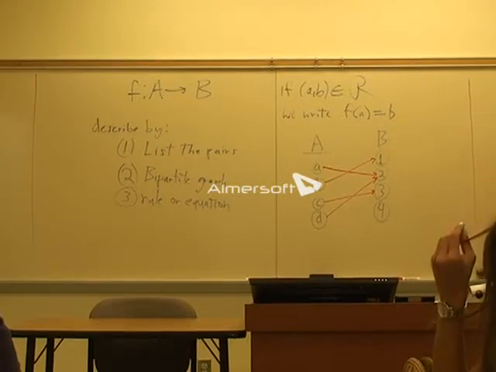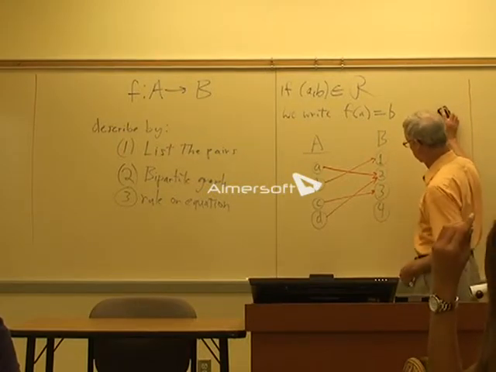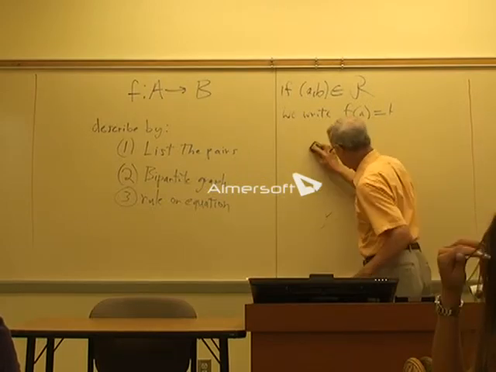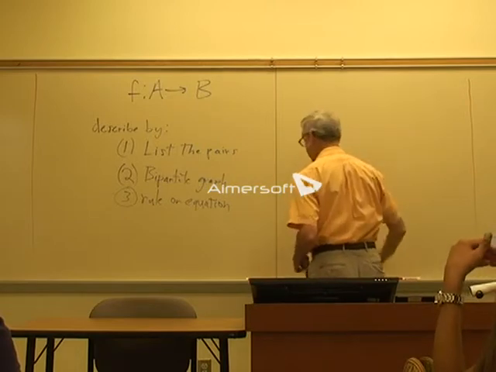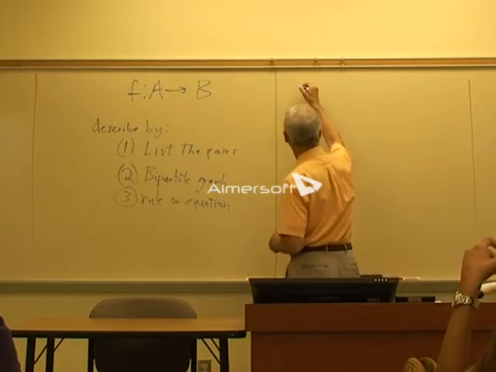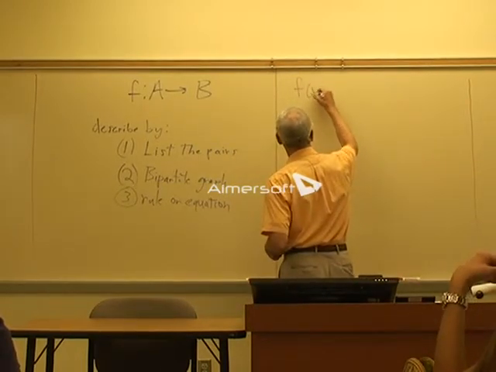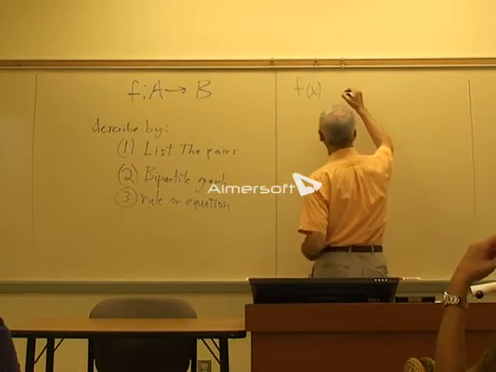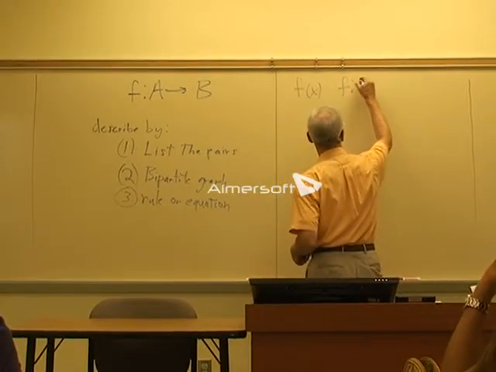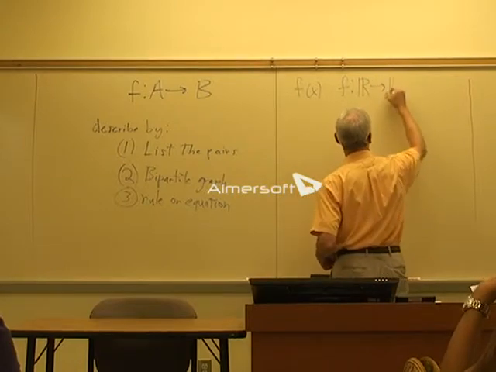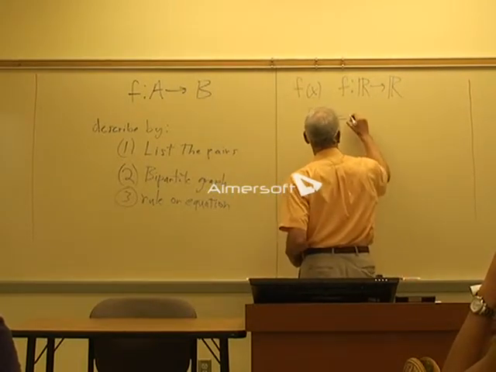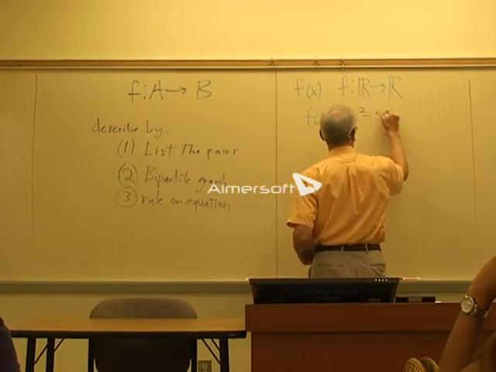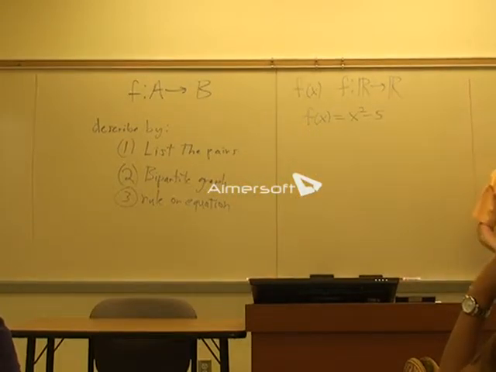And I want to now go there and give a couple of examples. So we could define f of x, where f goes from the reals to the reals, as f of x equals x squared minus 5. That's a rule that sends one to the other.